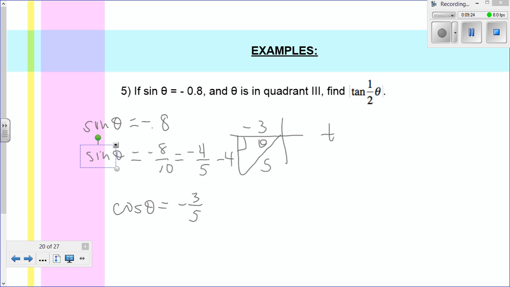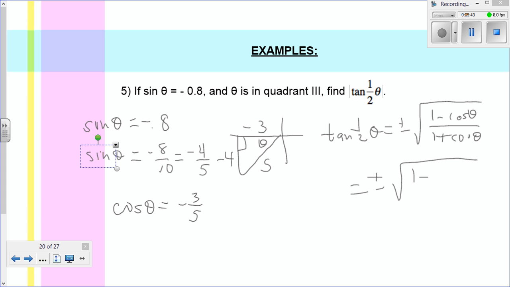So tan of 1/2 theta is equal to plus or minus the square root of (1 minus cosine theta) over (1 plus cosine theta). So it's going to be 1 minus cosine theta, which is negative 3/5, over 1 plus negative 3/5.